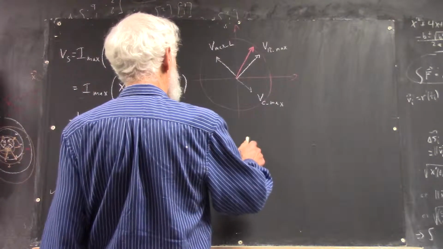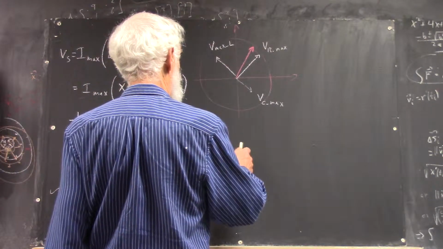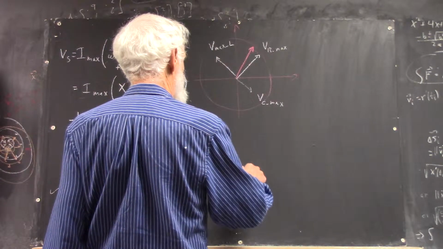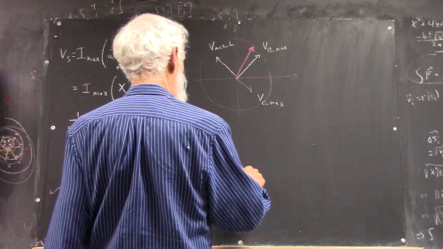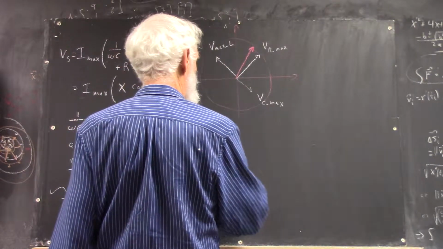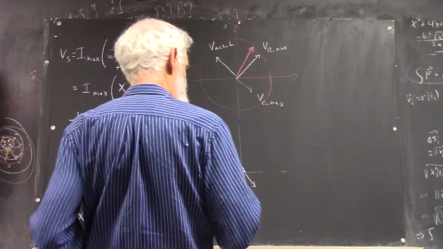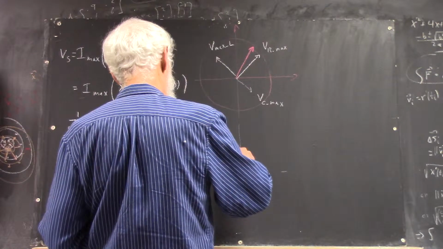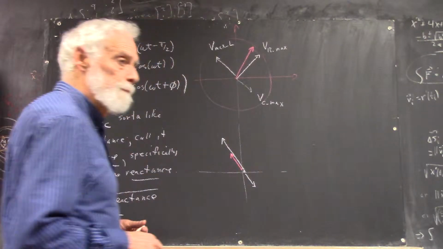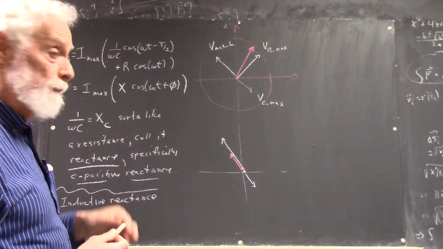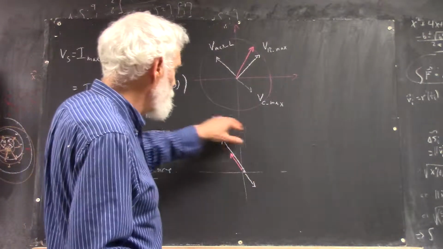If you have no resistance, then you have just these two, which have a resultant that looks like this. And what's going to happen to these voltages?